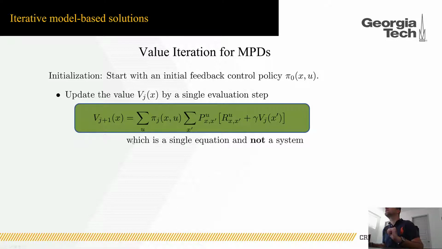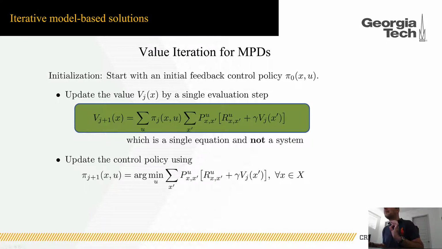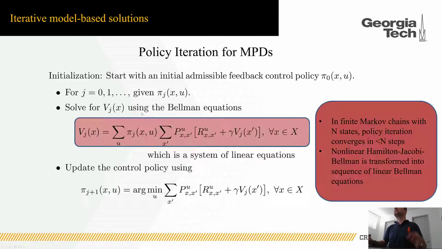So this is a single equation and not a system. And then I update the control policy, which is again a j plus 1. Again, I do iteration on j, here I have j, here I have j plus 1, and then I update my control policy.